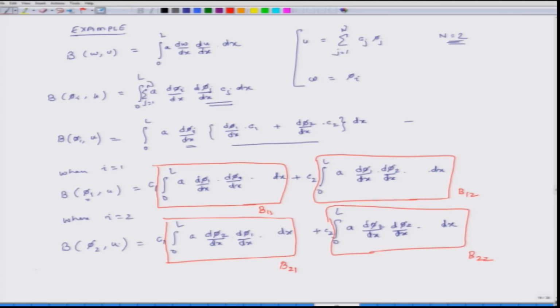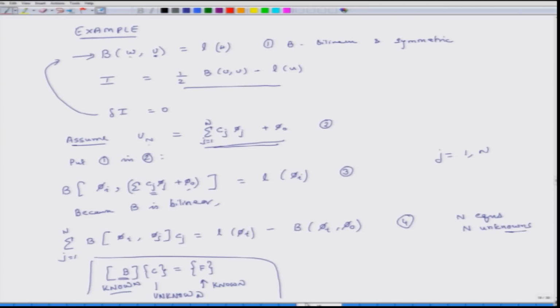So, my equation is B11, B12, B21, B22, times C1, C2. See, C1 and C2 are unknowns. So, equation 1 and equation 2 can be represented by this 2 by 2 matrix multiplied by this column vector of C. And on the right hand side, what do I get?